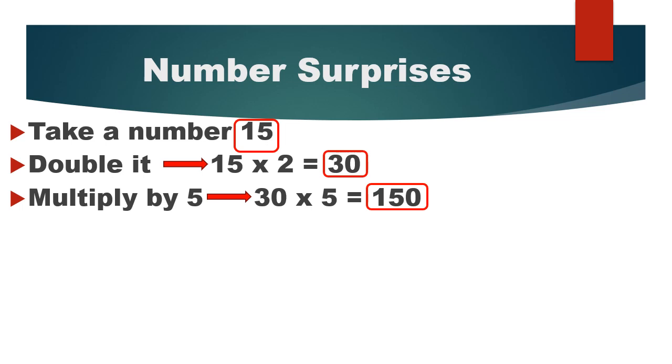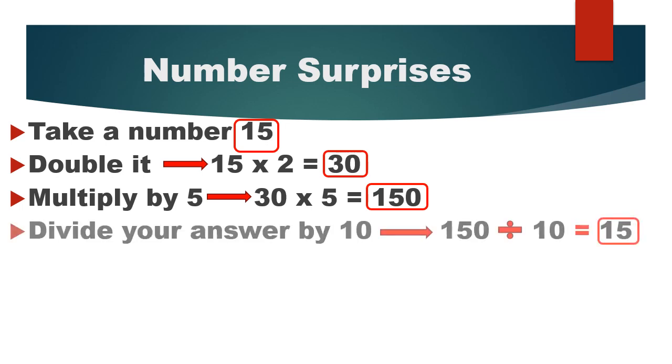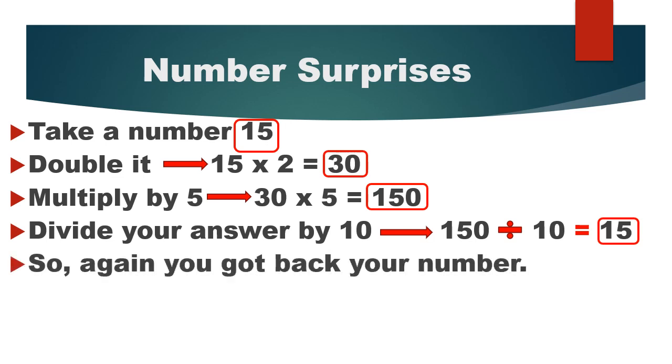The product you got is 150. Divide your answer by 10. So 150 divided by 10, the quotient you got is 15. So again you got back your number. Isn't it surprising? Yes. Like this, many more number surprises we have seen in this chapter.